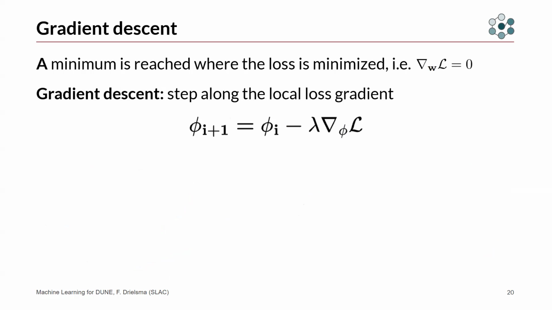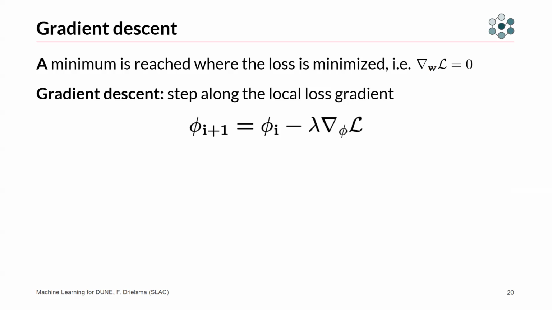And the minimum is reached when the loss differential is 0, because that's a point where there's a minimum. If you take the differential of the loss with respect to the parameters, and it's 0, then it means that the loss in that region is flat. It doesn't mean that it's a global minimum, but at the very least it is a local minimum.